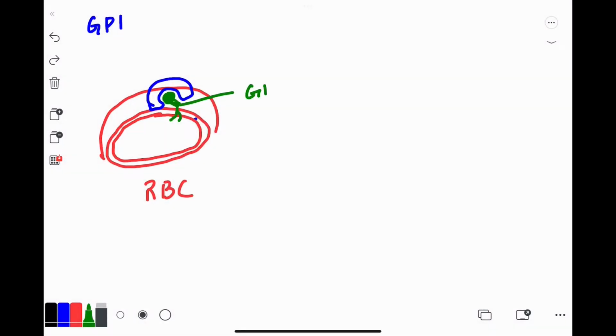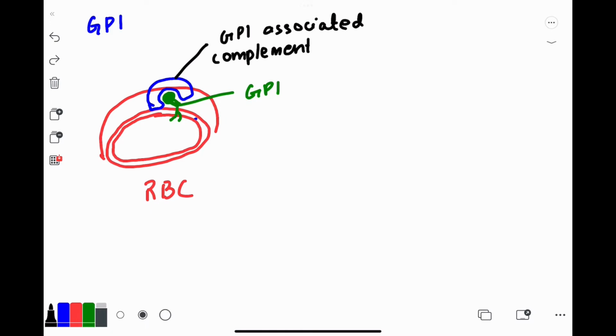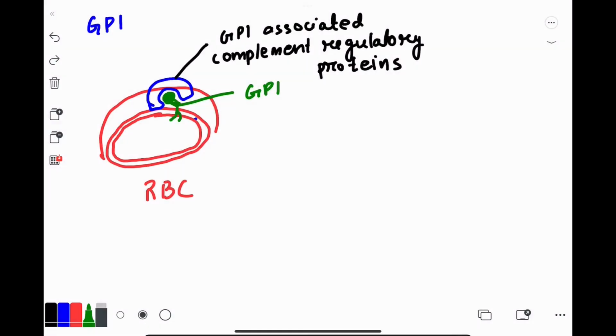There are transmembrane proteins, you have studied the cell membrane, and then there are these regulatory proteins which are associated with GPIs.